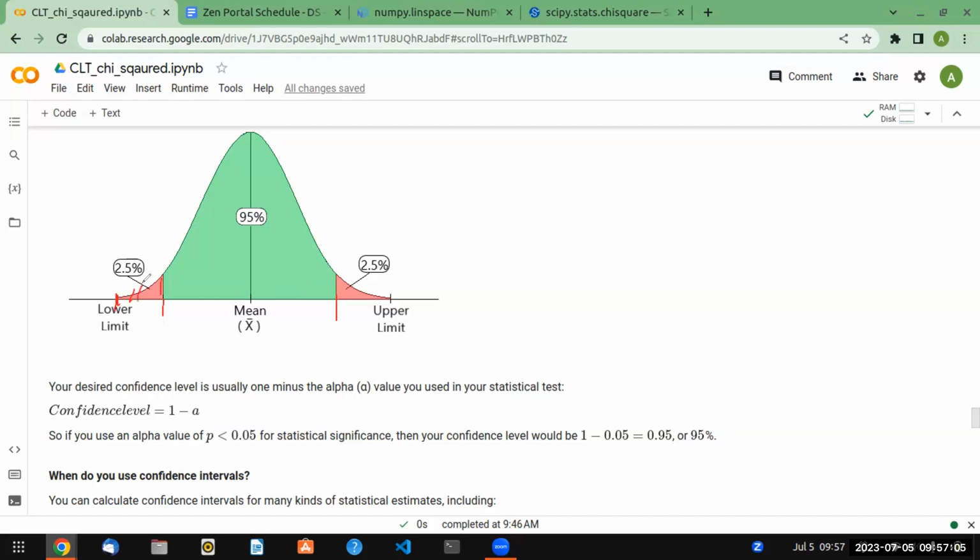In the other way I can say, I'm 5% sure that the mean will fall in this region that I highlighted. But I am 95% sure the mean will fall in this green range, from this point to this point. This is the confidence level of interval that I am specifying.